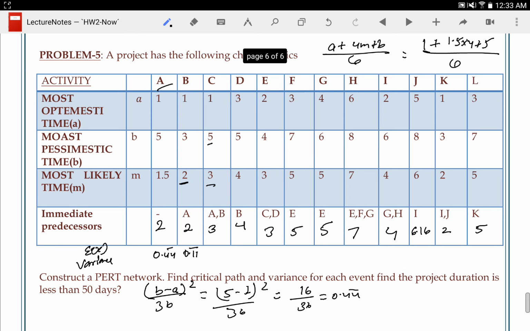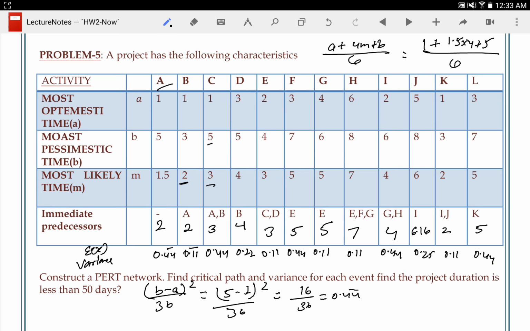Alright, so similarly, this is 0.44, D is 0.11, E is 0.11, F is 0.44, G is 0.11, H is 0.11, I is 0.44, J is 0.25, K is 0.11, L is 0.44.